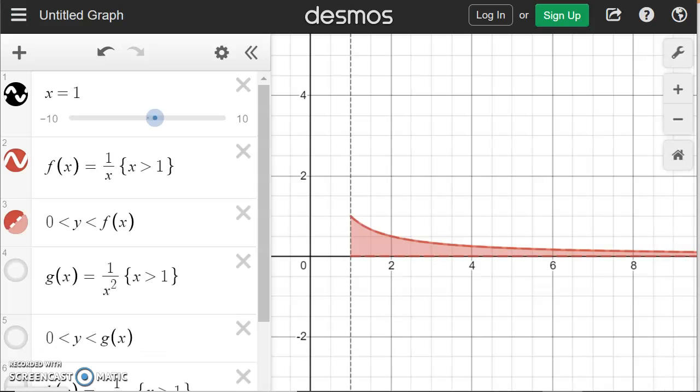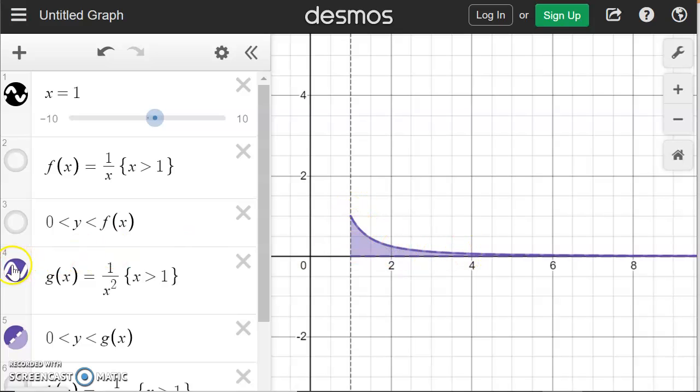I'm going to pull up a graph in Desmos here, and the red talks about when p equals 1. When we have 1 over x, we're finding the area bounded by the region from x equals 1 to infinity. The next one is when p equals 2. We've got 1 over x squared. Looks pretty much the same, right?